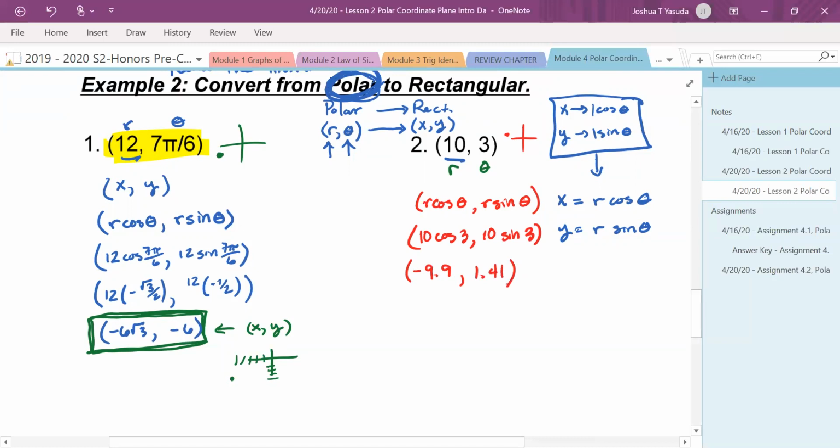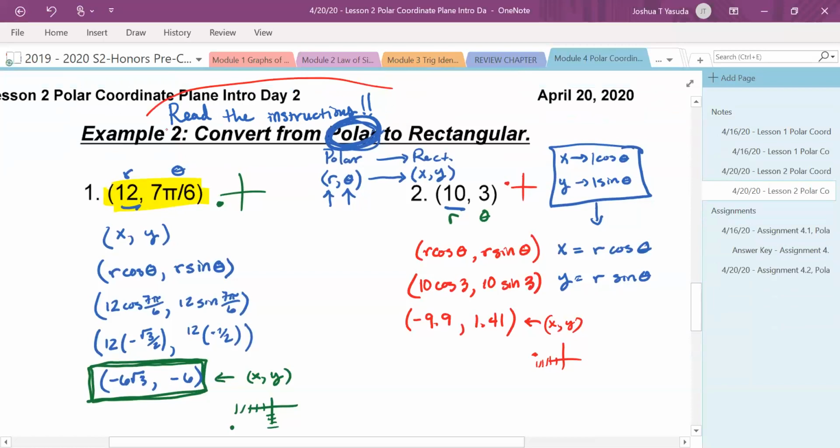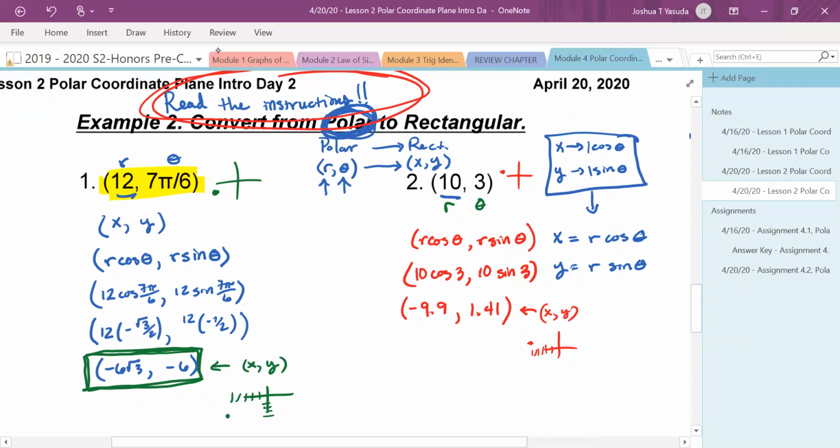Okay, which if you think about it, if this is x and y, which it is, that means you would move over to the left, and then you would go up to plot a point, which is also in quadrant 2. All right, so that's how you convert from polar to rectangular. But the key here is to read the instructions.